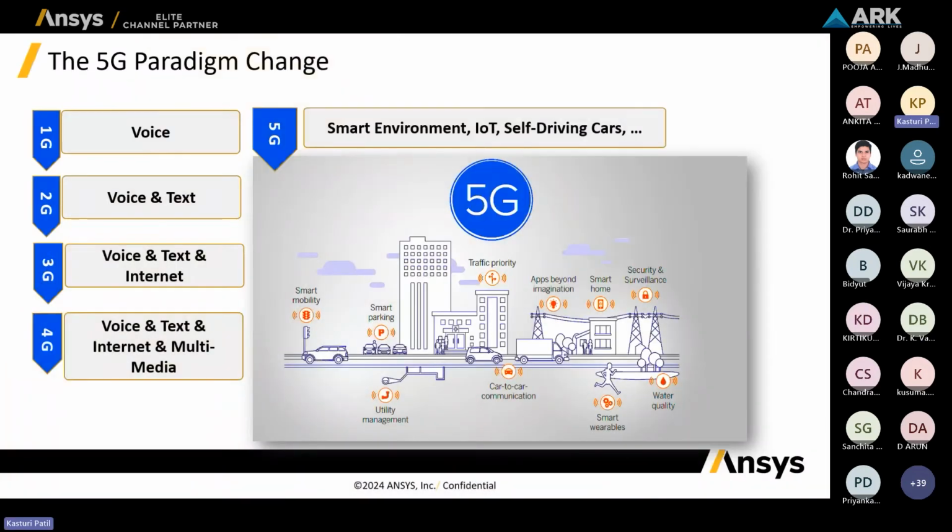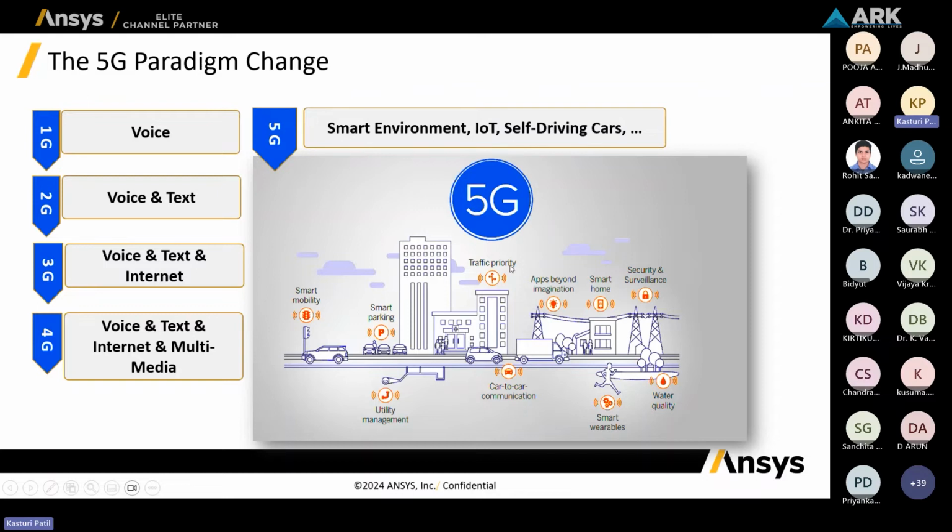So let's talk about 5G technology. You all know it is smart connectivity, we can say. In 1G we could only do voice communication, and in 2G we had voice and text communication. In 3G we have voice, text and internet accessibility, and in 4G we can communicate with voice, text, internet and multimedia.